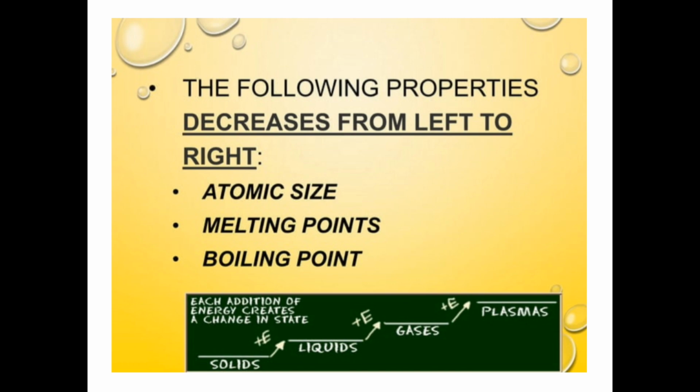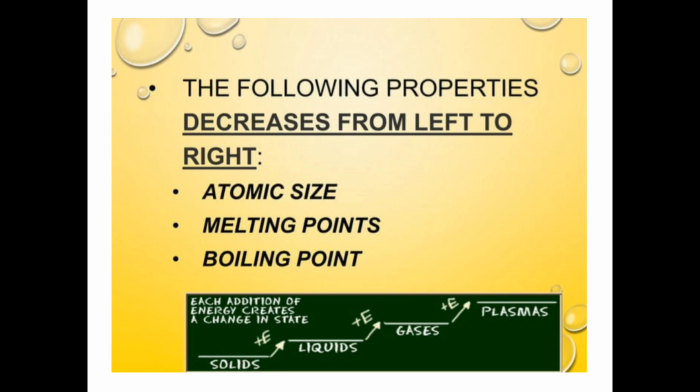Generally for metals, melting and boiling point increases. So between sodium, magnesium, and aluminum, there is an increase in melting and boiling point. Aluminum has the highest melting and boiling points due to the presence of metallic character. Metallic character increases from sodium to magnesium, so they have high melting and boiling point.